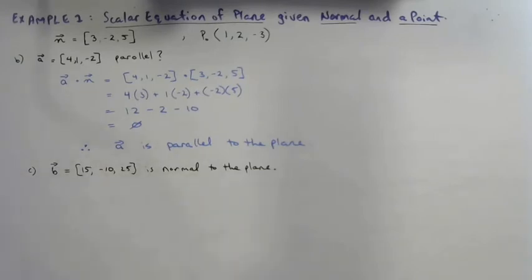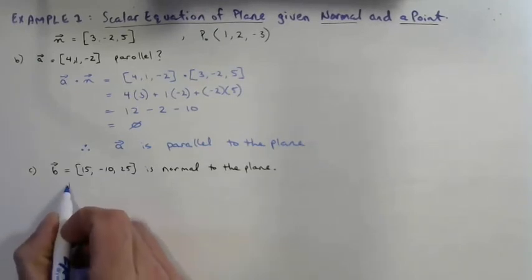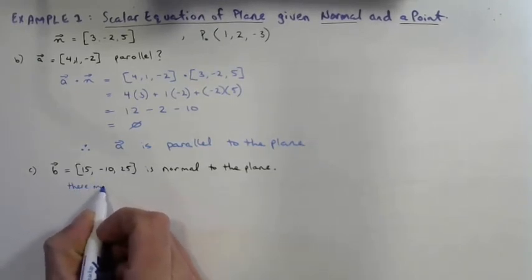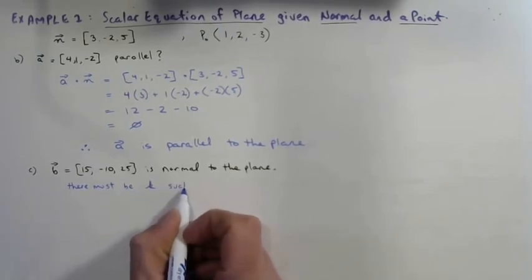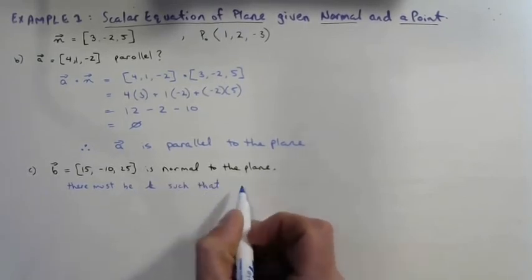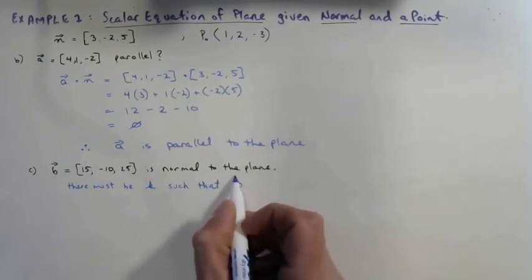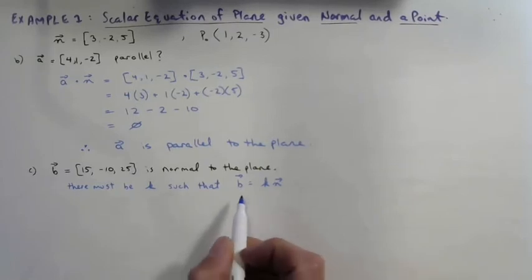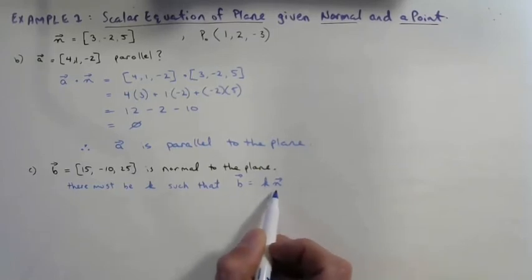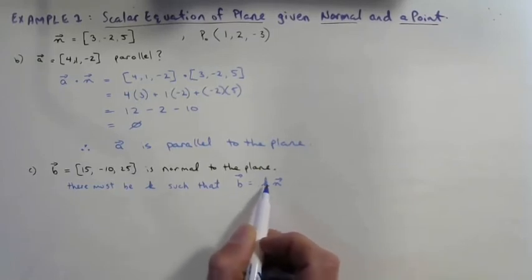So what we're saying is that there must be a k such that b is equal to k times n, okay? B needs to be some scalar multiple of n. That's not going to change the direction of n.